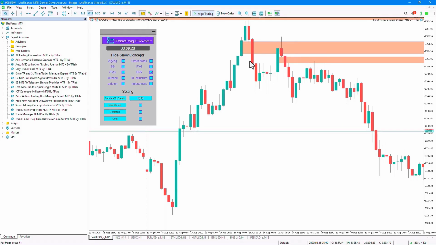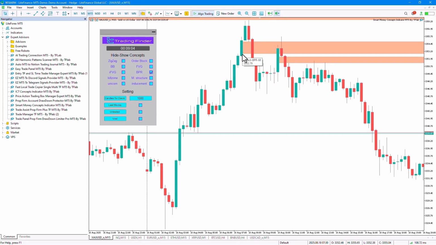These zones are considered significant areas of supply and demand imbalance and are also known as imbalance zones, which indicate that buy or sell orders are not balanced with each other. As a result, the price often moves quite rapidly and forms these zones.